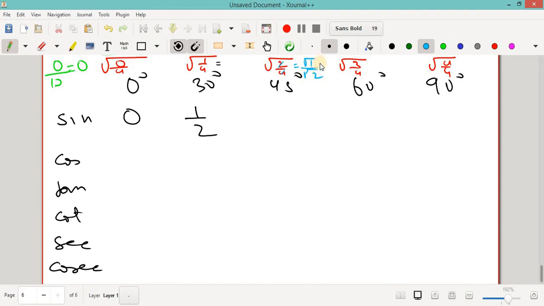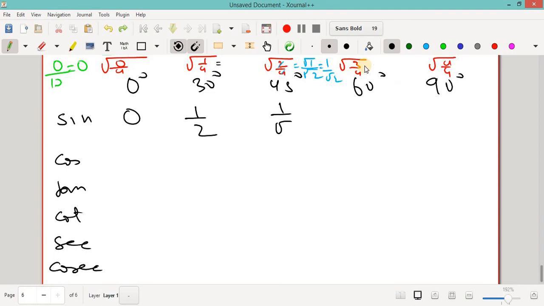Now we know that root 1 is always 1, and root 2 we cannot take out, so it will be 1 by root 2. So the outcome will be 1 by root 2. Now what is root 3 by 4? It will be root 3 by 2 only, let me explain why.